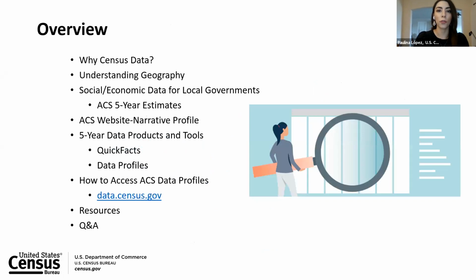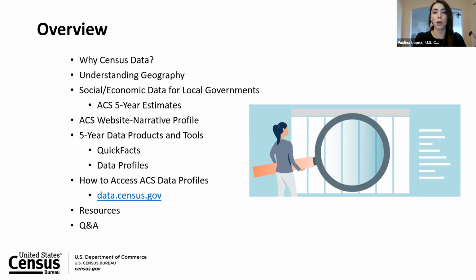So an overview of today's webinar, I always like to start on why is census data so important, understanding geography and the role it plays when you're doing a search on our data tools. And we'll go over socioeconomic data for local governments and local municipalities so that you get some examples. And we'll be looking at American Community Survey 5-year estimates and some of the data products that the Census Bureau uses that use census ACS data.